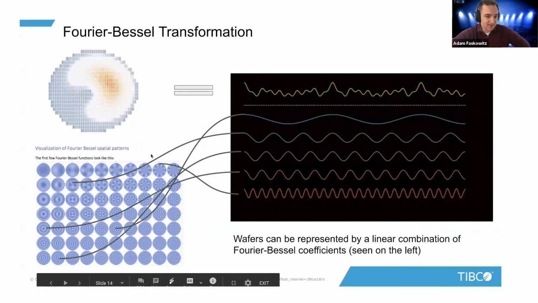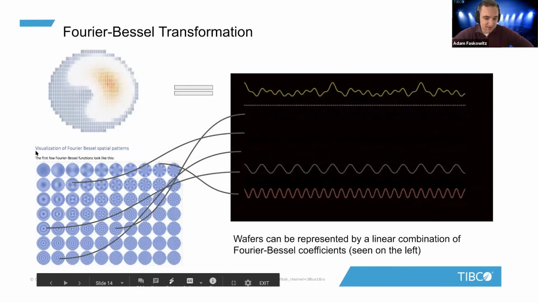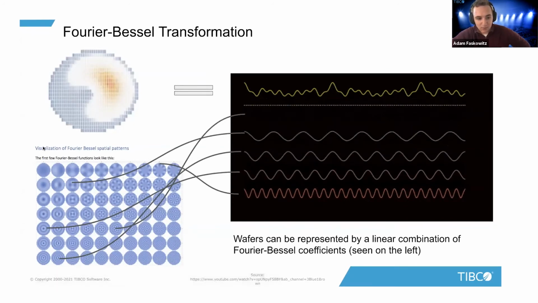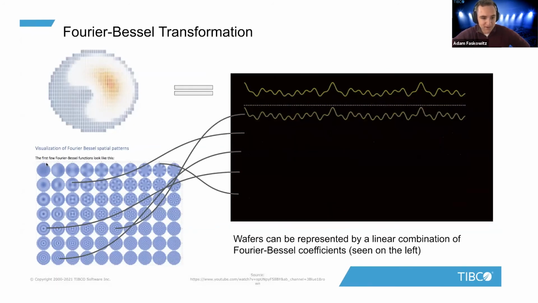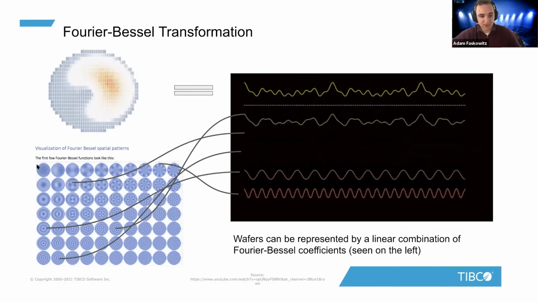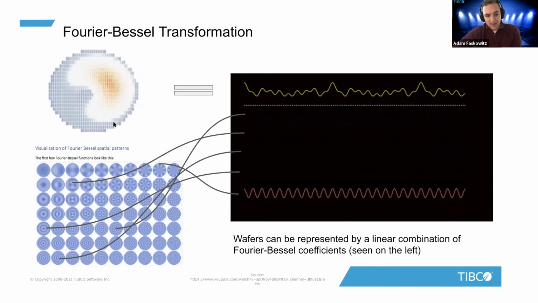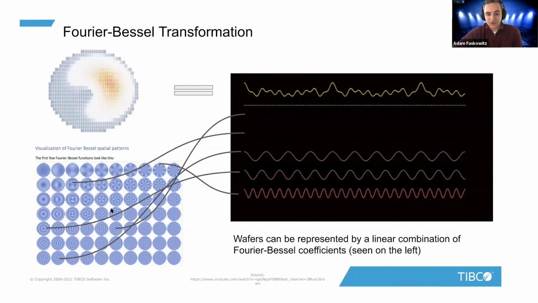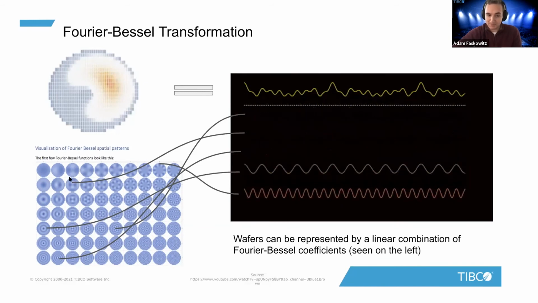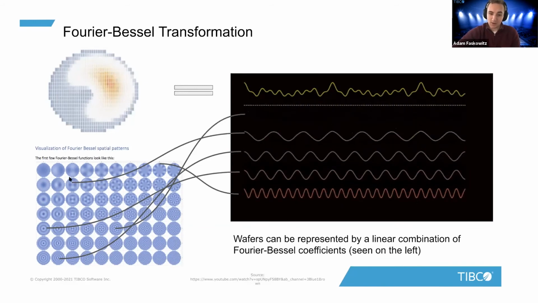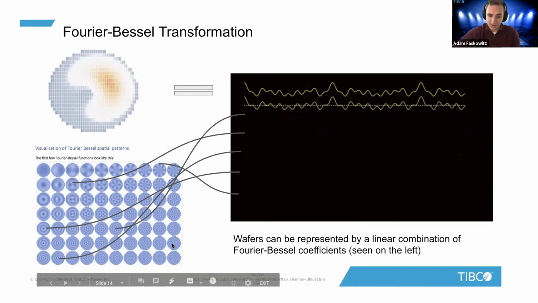And what this is, it's a series of these typical radial patterns that you might find on something like a circular wafer map. Now this one wafer is represented by how much it looks like this sub pattern, how much it looks like this sub pattern, and it'll get weights for all of these typical radial patterns.